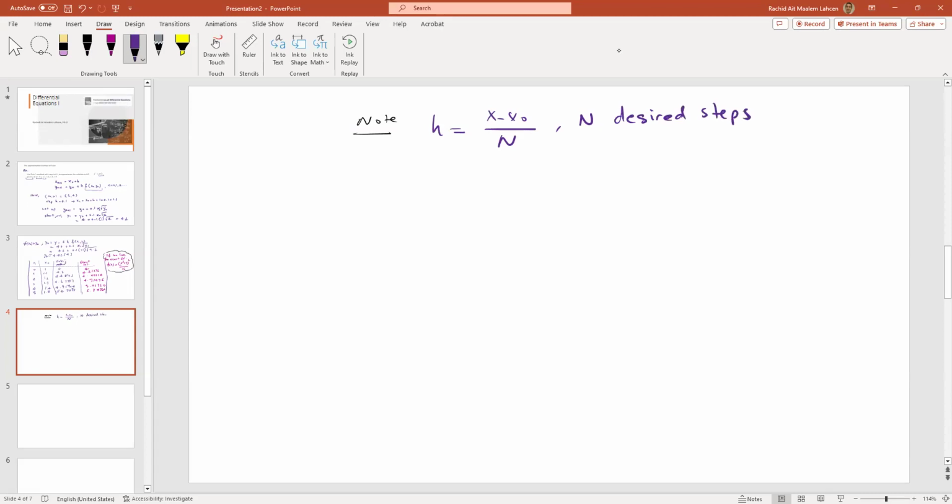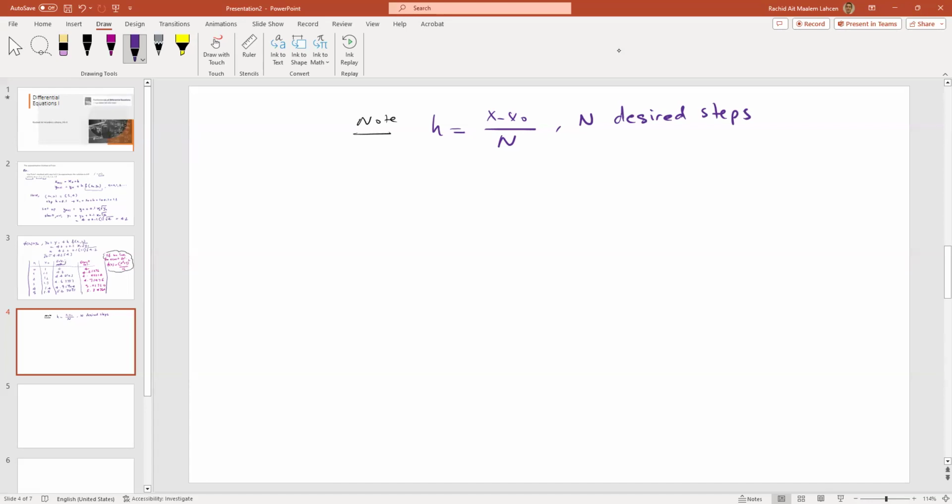In Calculus 1, for integration using rectangles, you've done something like that: do you want to use 5 rectangles, 10 rectangles, and that decides what n is and decides the step.